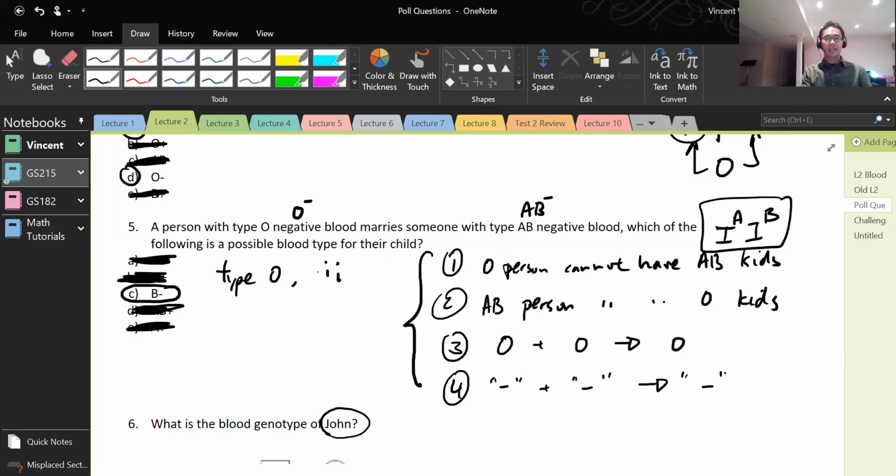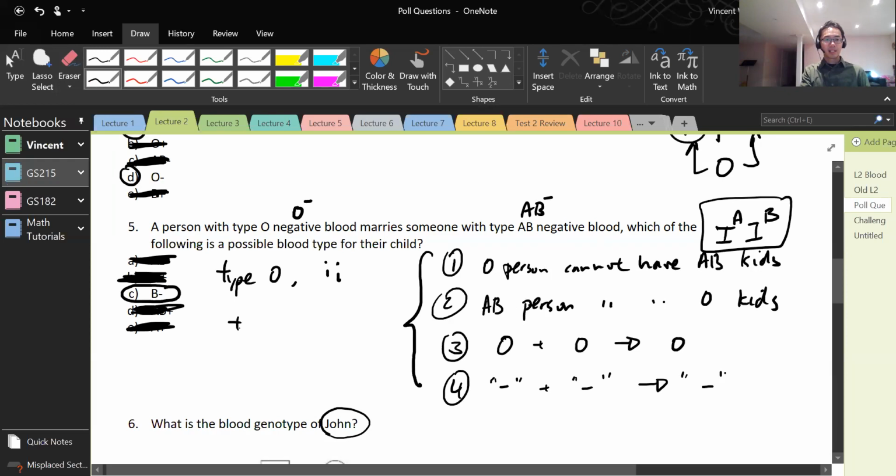Now, similarly, if you are type AB, you can only pass on A or B, which means it's not possible for you to have an O kid, because an O kid needs to get one small i from each parent. You can't provide that small i if you're AB.